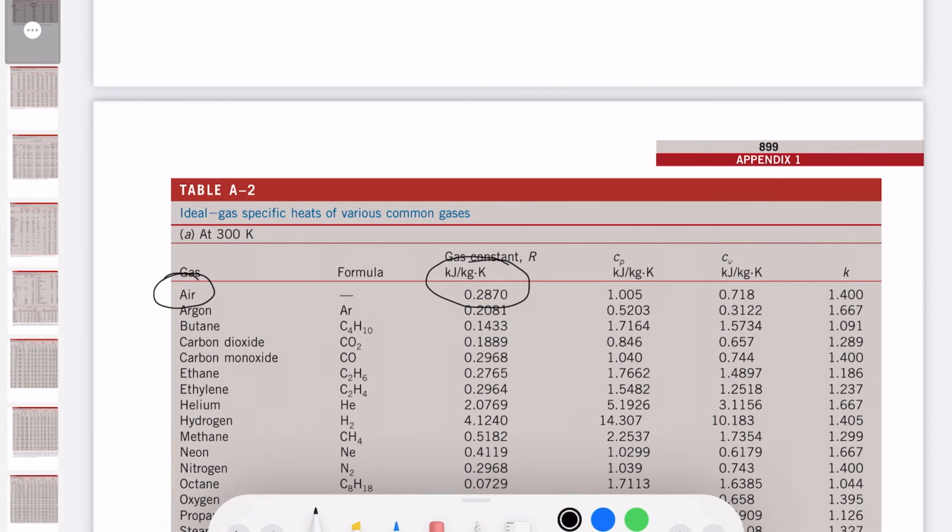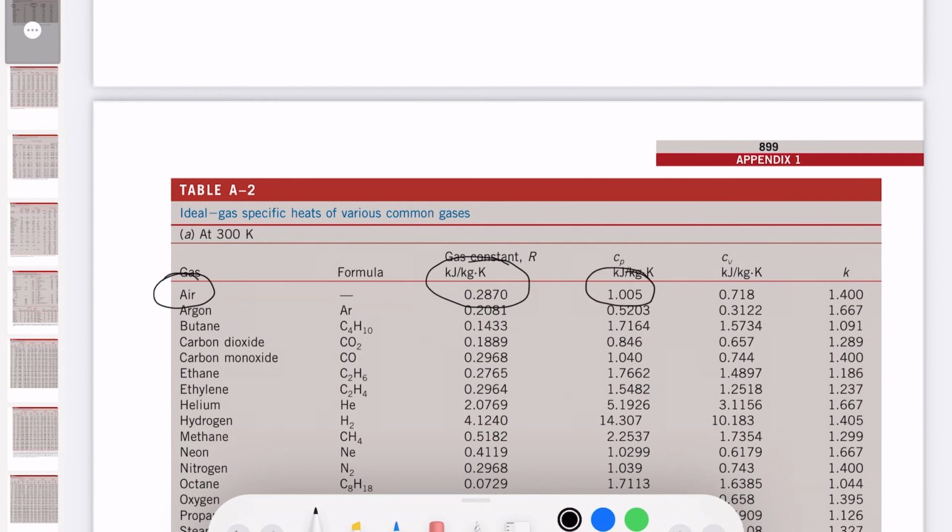What we're going to do is make an assumption here. We're going to read a constant value for the specific heat, because that is how we solve those integrals that we use to calculate the enthalpy change. So I need to assume a constant value for the specific heat, Cp, and I'm going to assume it at the value at 300 Kelvin.